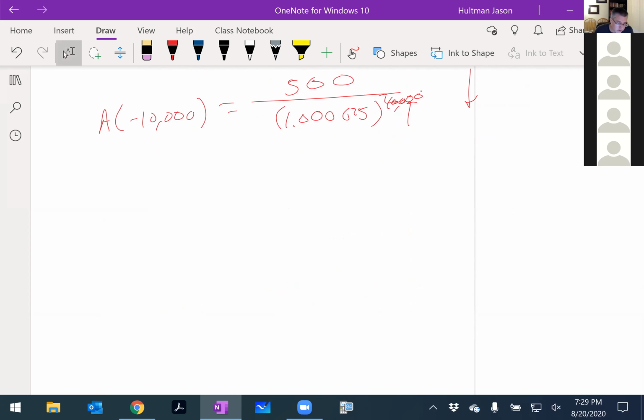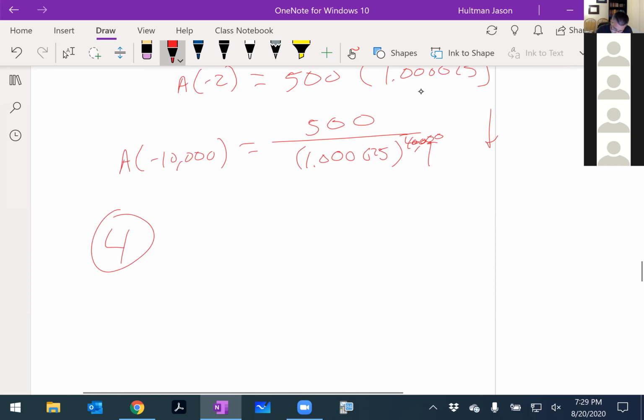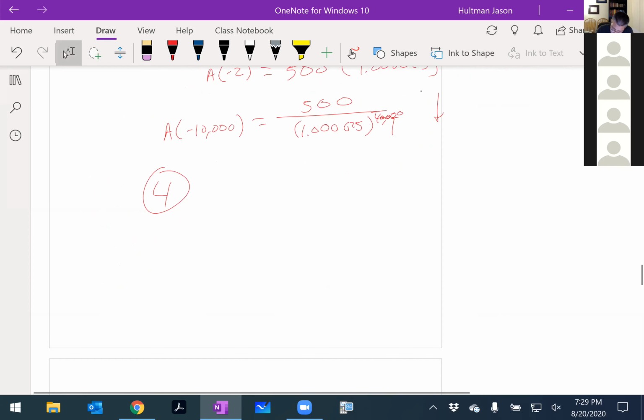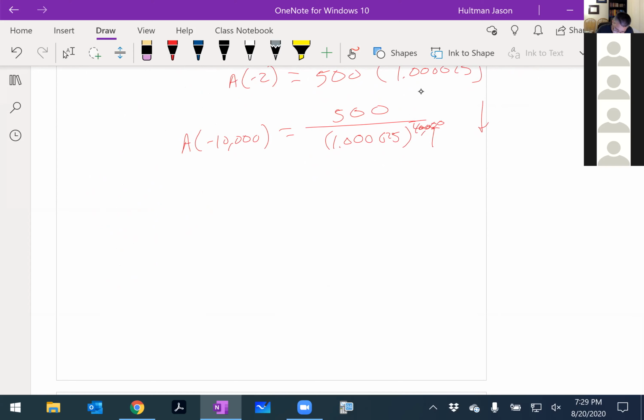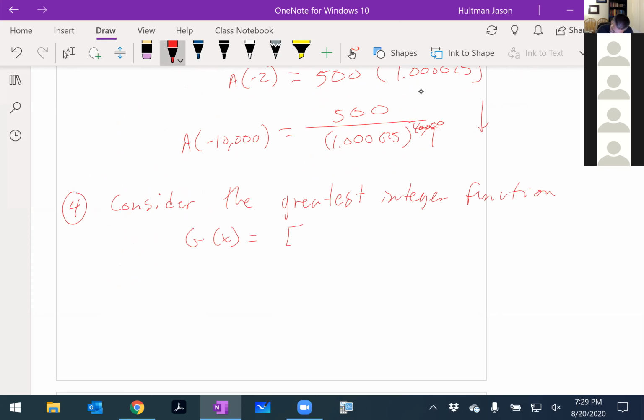Okay, last problem. We want to consider something called the greatest integer function. Consider the greatest integer function: g of x is equal to, and we have double brackets here, this.